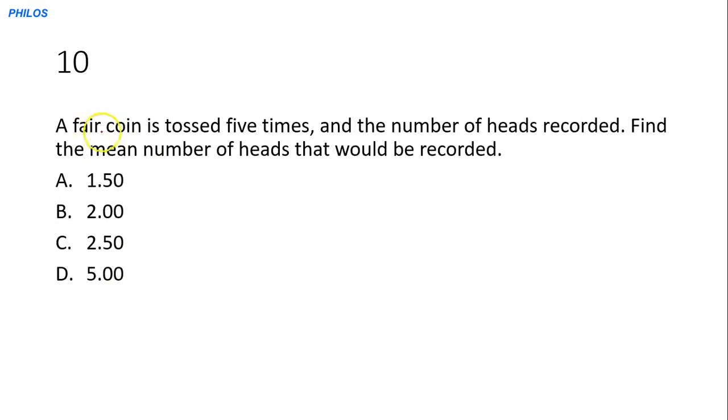Question 10 says, a fair coin is tossed 5 times, and the number of heads recorded. Find the mean number of heads that will be recorded. So to do this, how many times was the coin tossed? The coin was tossed 5 times, so meaning n is 5. Now, you need to find the probability of getting a head in one tossing.